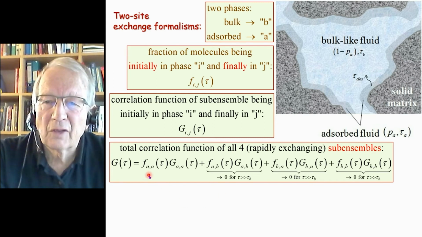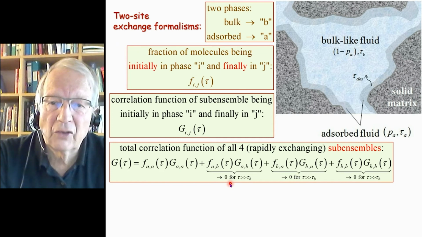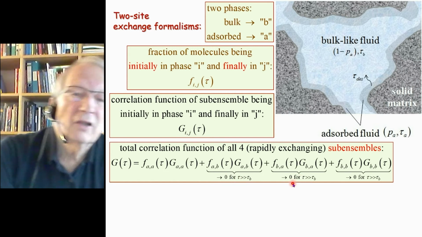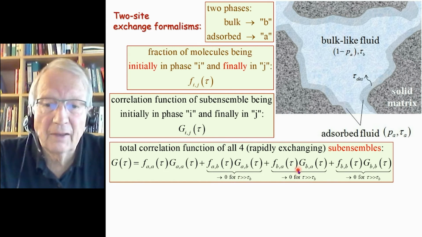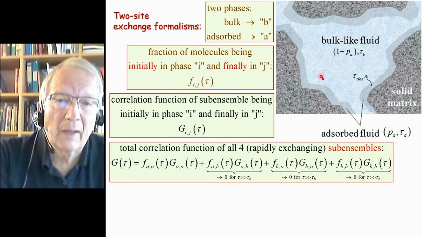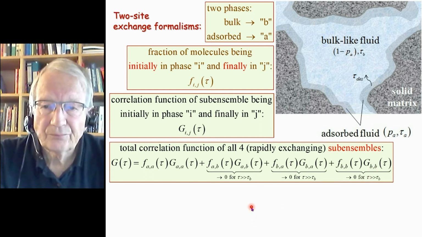Those molecules which are both initially and finally in the adsorbed phase, those which are initially adsorbed but finally in the bulk-like phase, those which are initially in the bulk-like phase but finally in the adsorbed phase, and those which are initially in the bulk-like phase and finally also in the bulk-like phase.